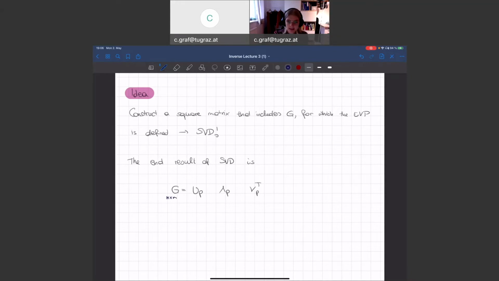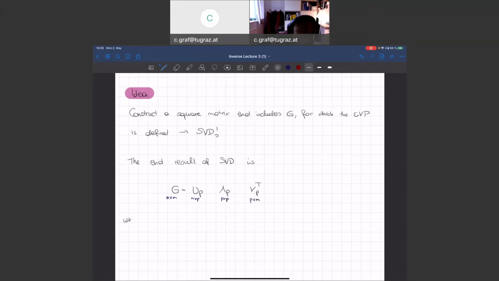Now you remember already P was before the number of non-zero eigenvalues. It will be something similar here. U will have dimension n by P. Lambda will have dimension P by P. And finally, VP transpose will have dimension P by m.